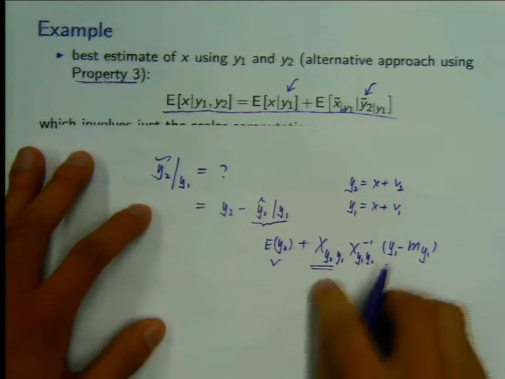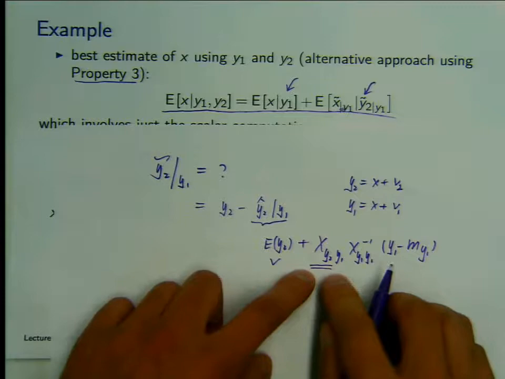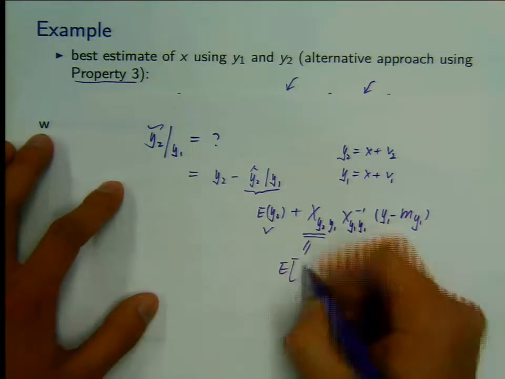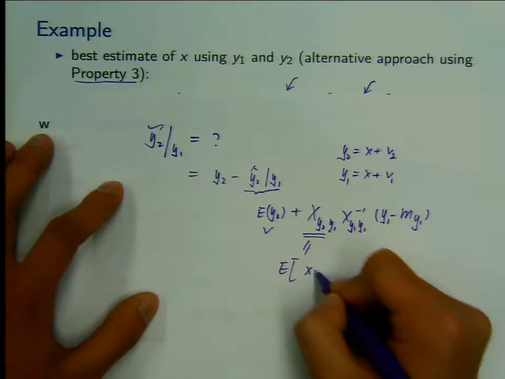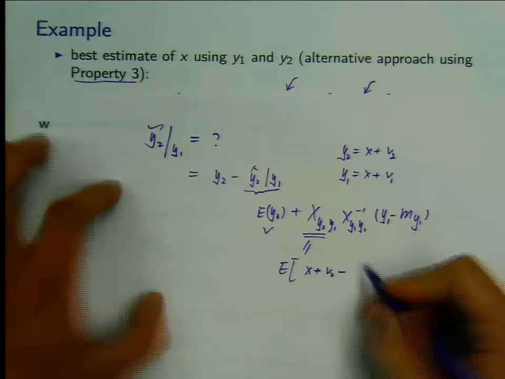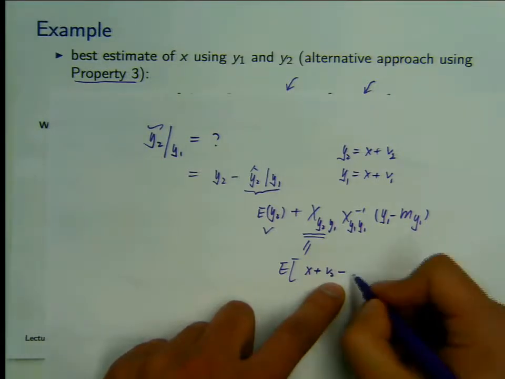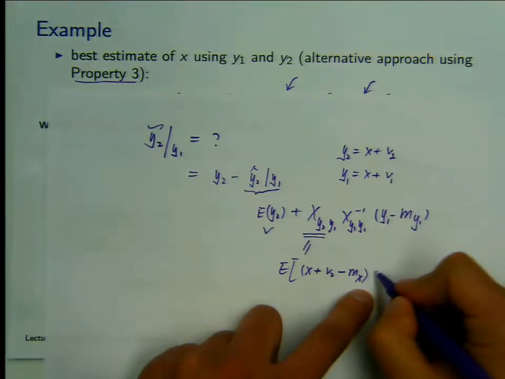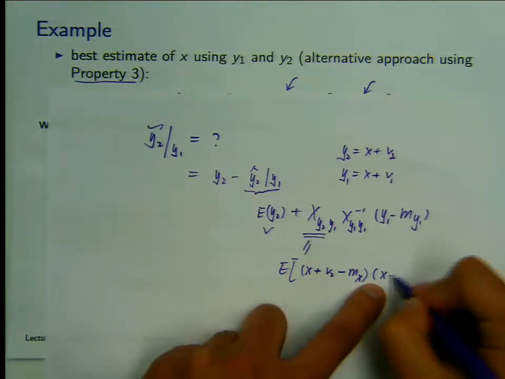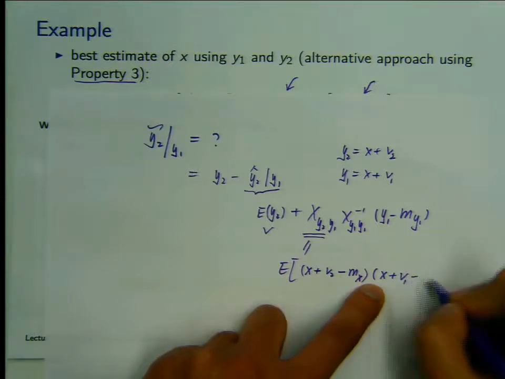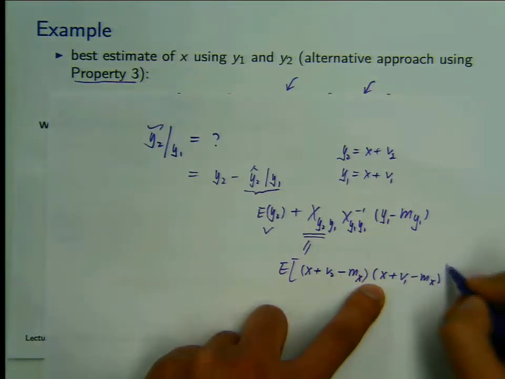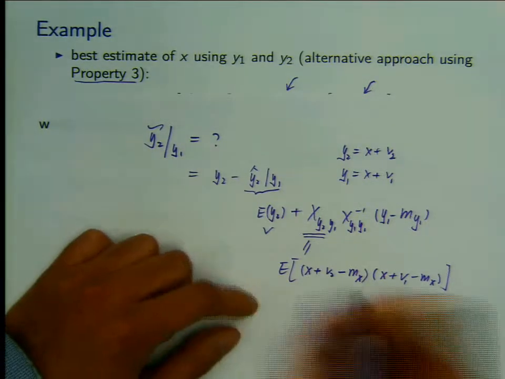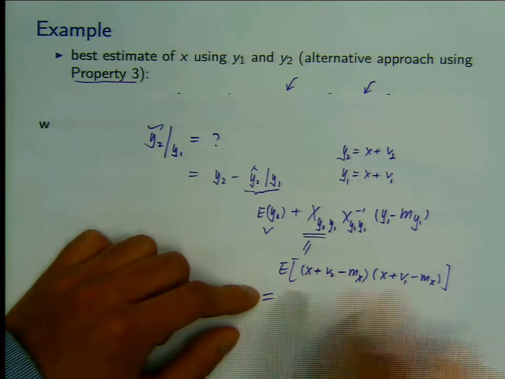We can do the cross covariance between y2 and y1. It's going to be equal to the expected value of y2, which is x plus v2, minus the expected value of y2, which is going to be the expected value of x, because v2 is zero mean. Then the second is going to be x plus v1 minus mx. I won't need a transpose because we are doing scalars here. Now, look at this guy. Can someone immediately tell me what this value equals?